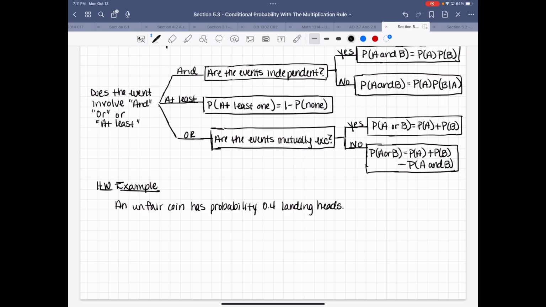Now, a fair coin should have what? 0.5, right? But this unfair coin has the probability of 0.4 of landing heads.